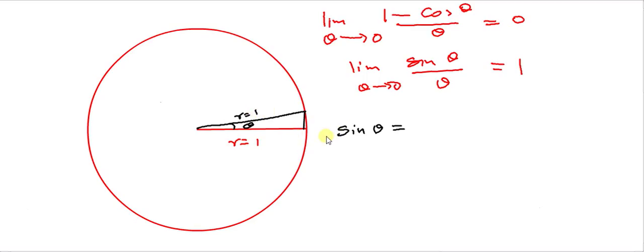So sine theta is opposite over r, which is just the opposite length. Let me call that a small length h. It is numerically equal to sine theta because h over 1 is sine theta. So I'm writing sine theta as just h.